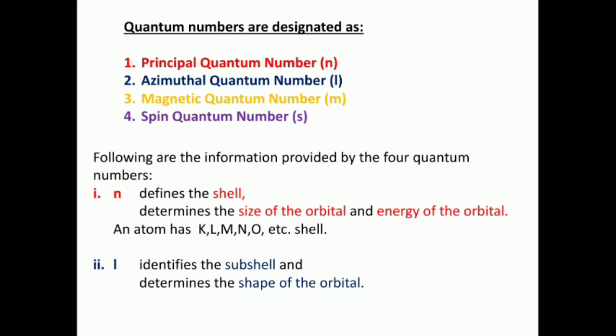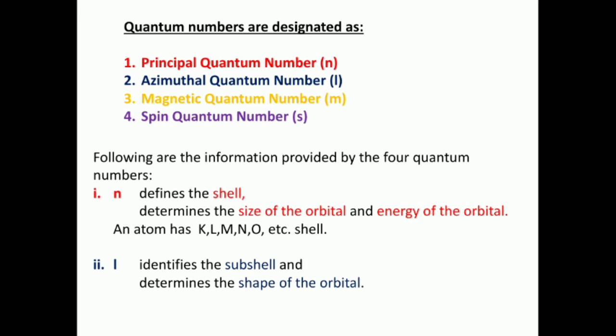So let's see what information these four quantum numbers provide. First, let's see the principal quantum number. The principal quantum number defines the cell. Yes, the cell that we learned in class 10: K, L, M, N, and so on. These cells are defined by the principal quantum number.